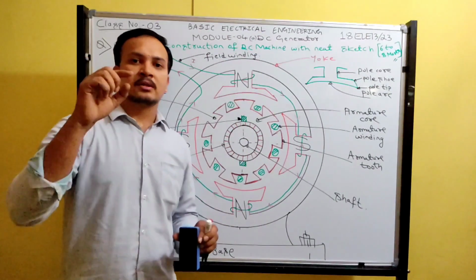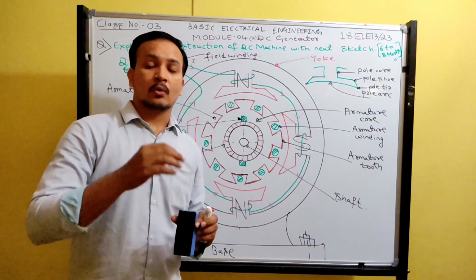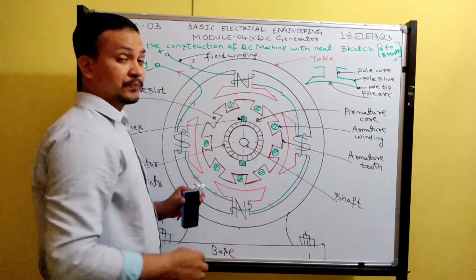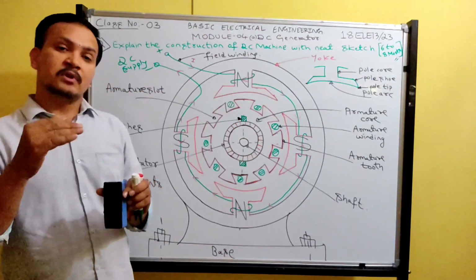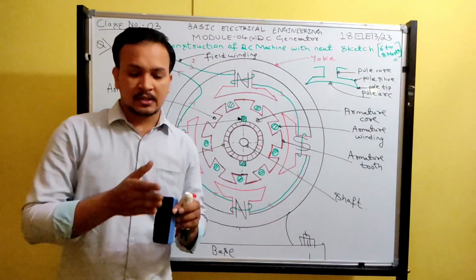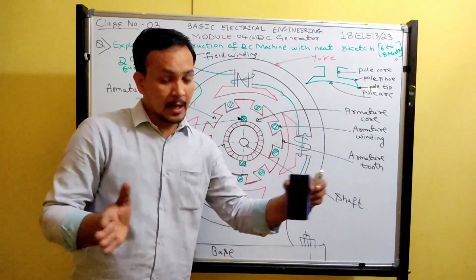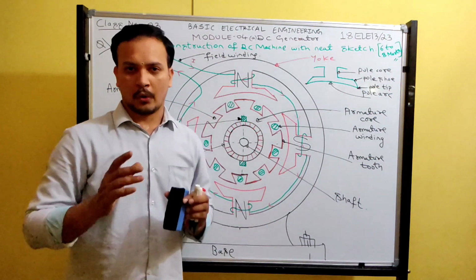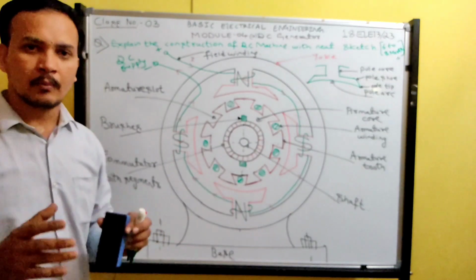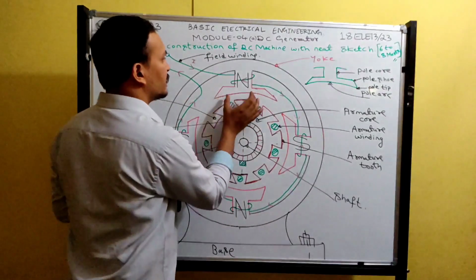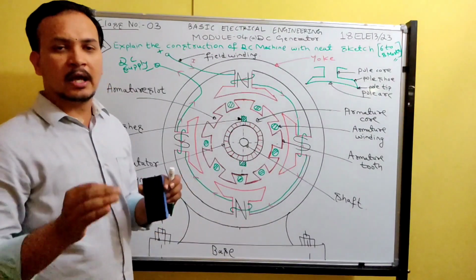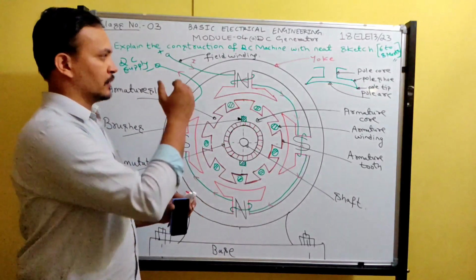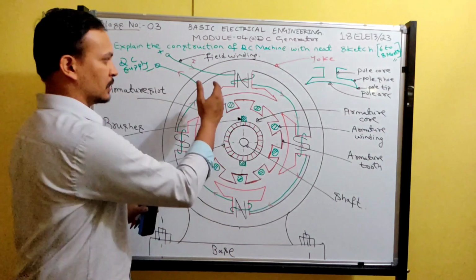We get silicon steel lamination, and they cut it to the desired shape. Later, they join n number of laminations side by side and stamp them together. Then you get the required size of the pole core, and that pole is fitted to the yoke with the help of bolts. The bolts will be inside, so we cannot show that in the diagram.